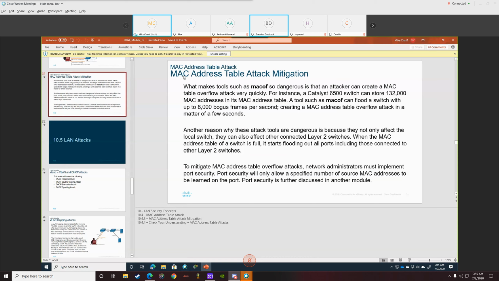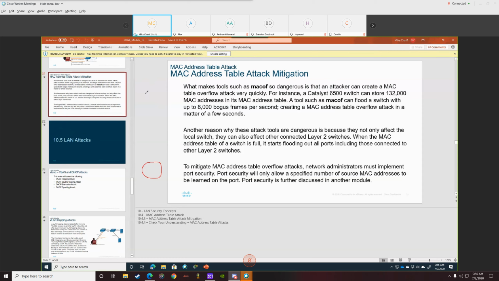Because on the network design, this one will be in the distribution layer. Basically, it's going to look like this. So this is how it goes.